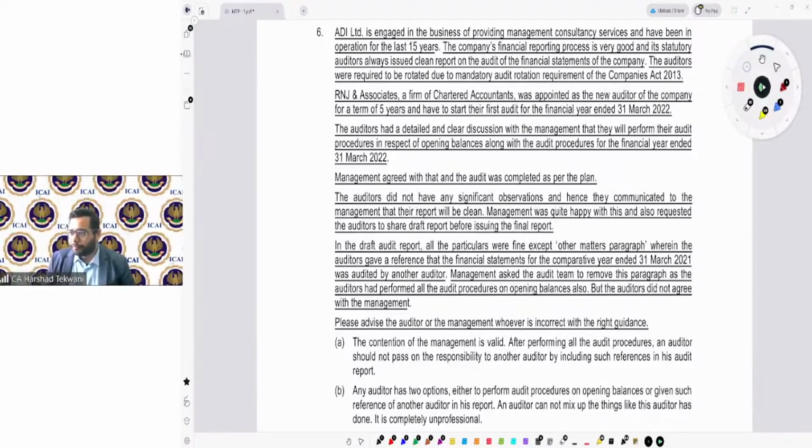Or where is it there? As per which standard do you think this is the correct reporting?